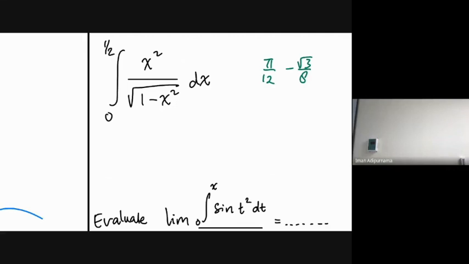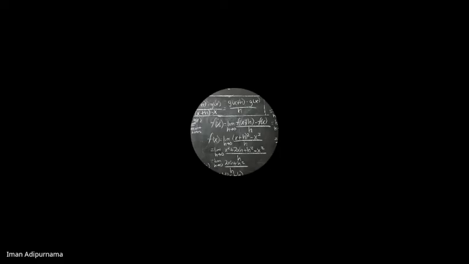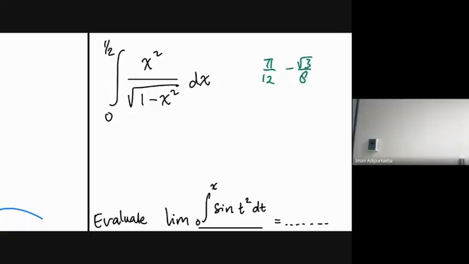At least this form is similar to this squared, right? So you can choose x as sine or cosine. Okay, let me just write sine.